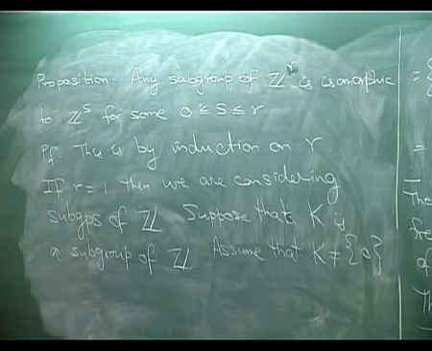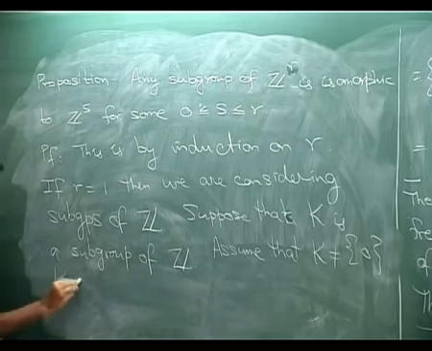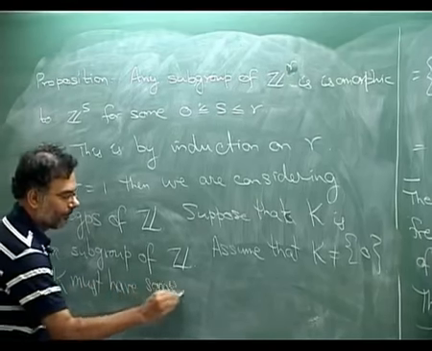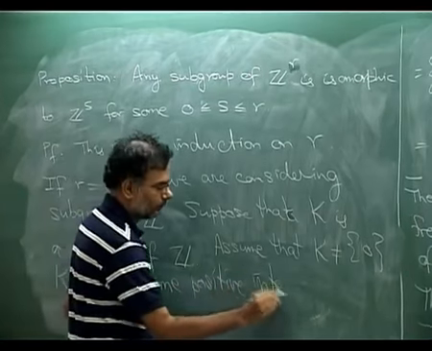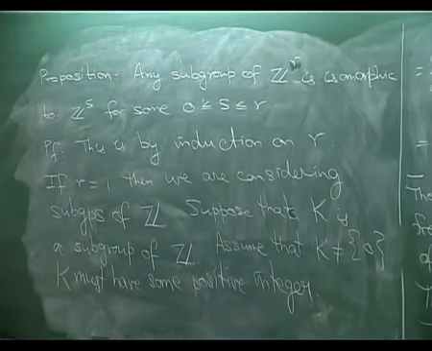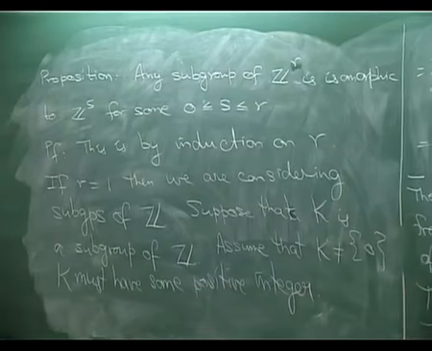So among all elements of K, certainly there will be positives and negatives, because K is a subgroup. If it has a negative element, its negative also will be there. So it will definitely have some positive element, right? So K must have some positive integer. It's not the 0 subgroup, so it must have some positive integer, because it cannot have only negatives, because the negative of a negative is positive.